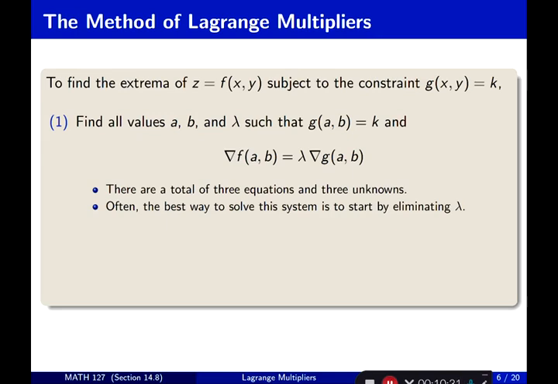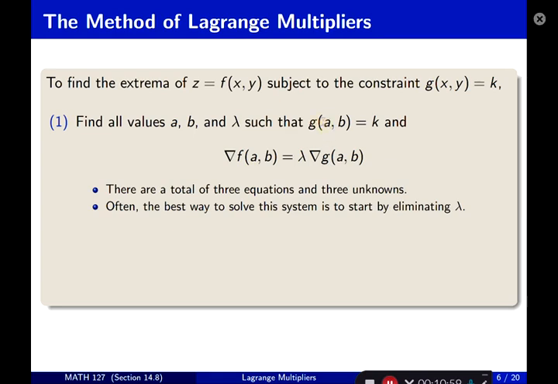When you're setting one gradient equal to lambda times another gradient, each gradient has 2 components, and so it makes sense that you get 2 equations just by setting the 2 gradients equal to each other.